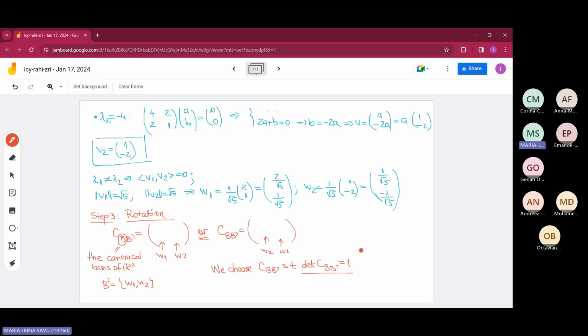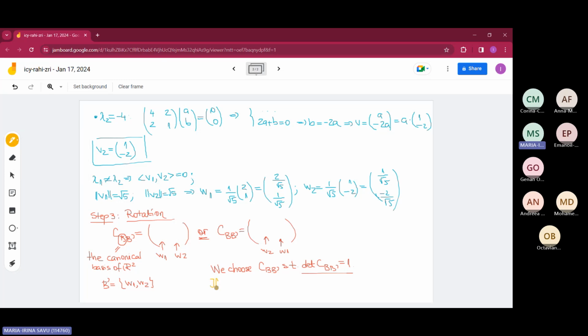It's also correct if you choose the matrix with determinant minus 1. But in this case, you have a rotation and a reflection. So it means that in the end, you have to switch x and y.